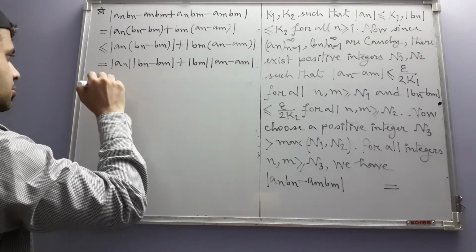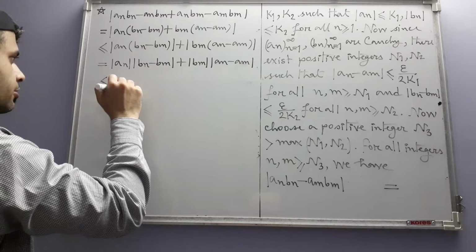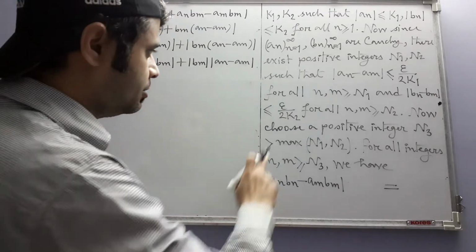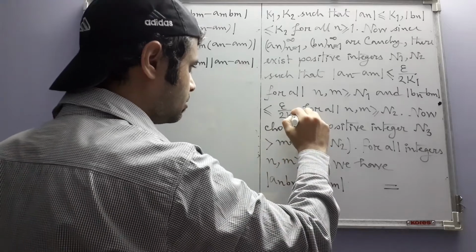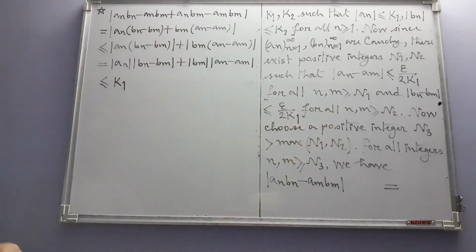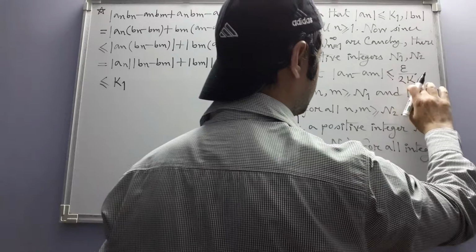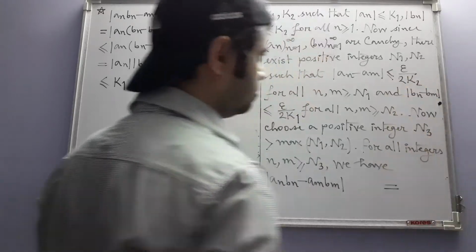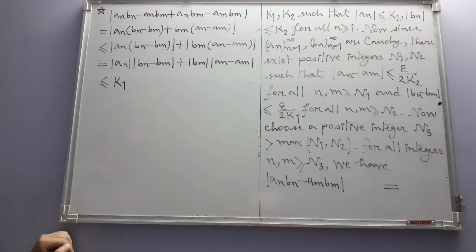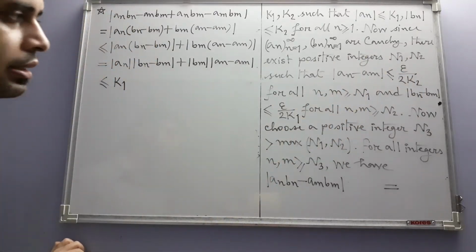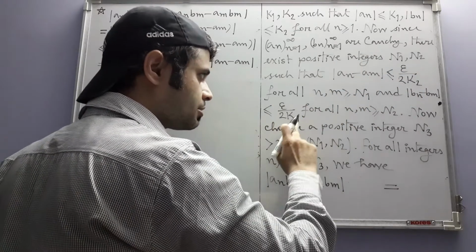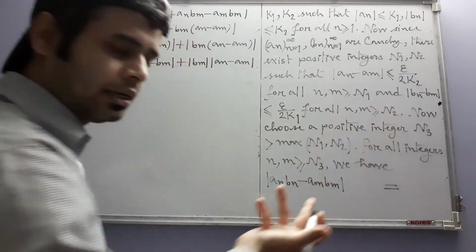So this will be less than or equal to, I think I need to change these things, make this 1 and this one 2. That also I can do. For this choice also we will get some positive integer n1, and for this choice we will get some positive integer n2.